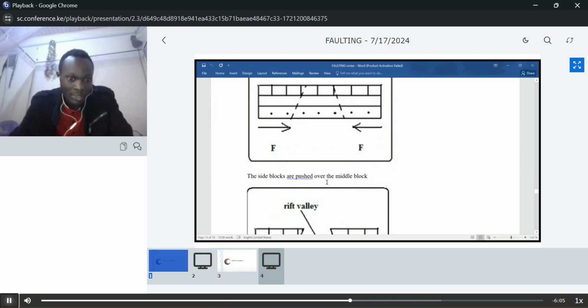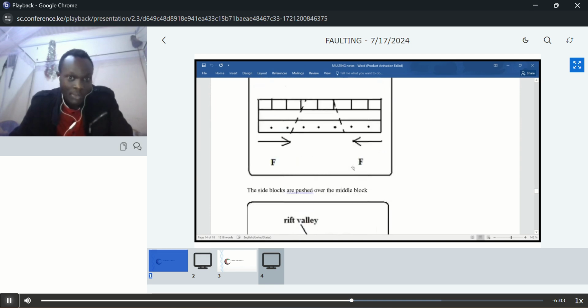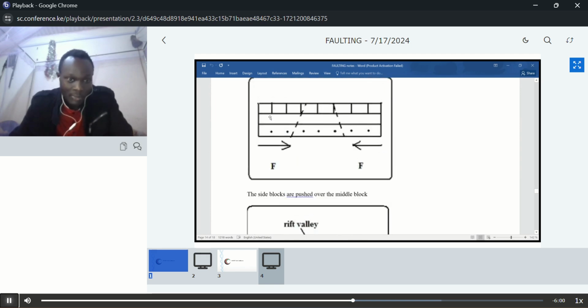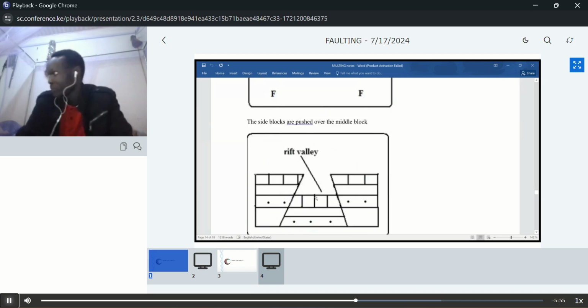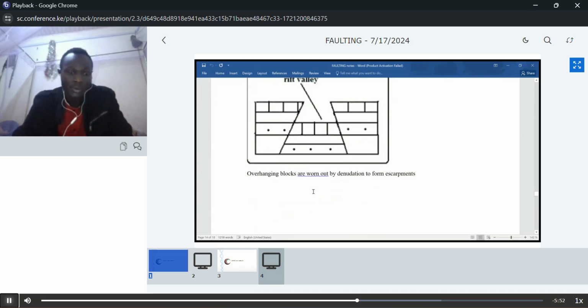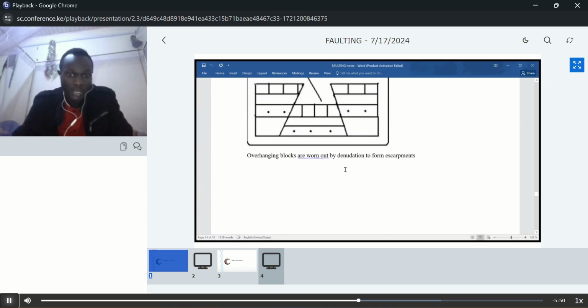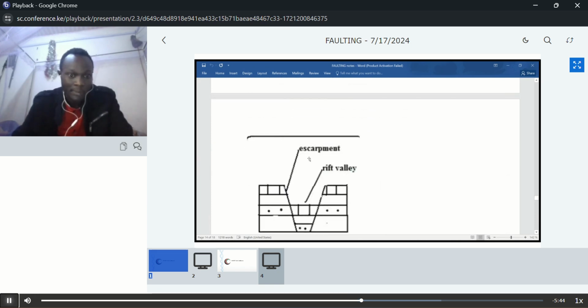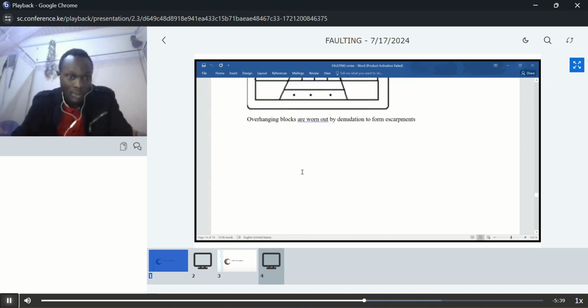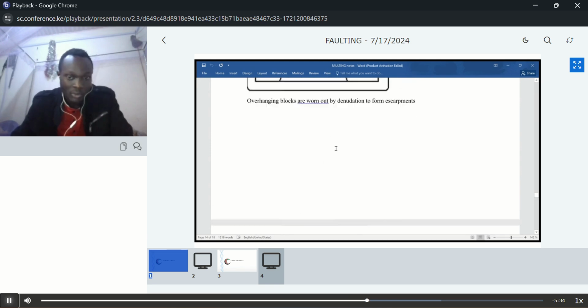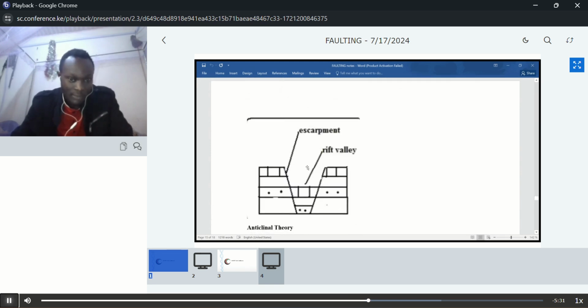The side blocks are pushed over the middle block, leading to formation of the Rift Valley. Overhanging blocks are worn out by erosion to form escarpments. So the escarpment forms here, making this side the Rift Valley.